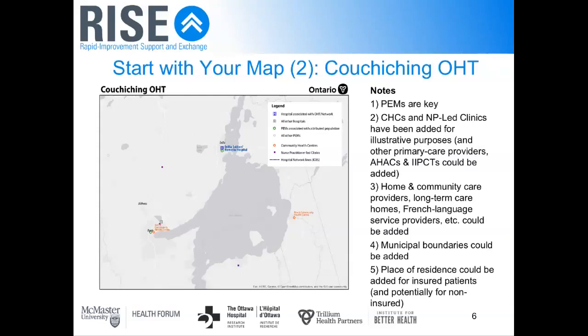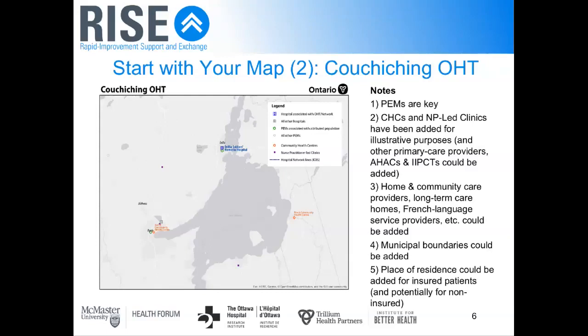Municipal boundaries could be added as well, and we'll come in a second to an example where a municipal boundary has been used in a pictogram just for many reasons, but one of which is to remember that municipal governments often have access to many human services, to supportive housing, and other things that could very much benefit the patients attributed to a local team.